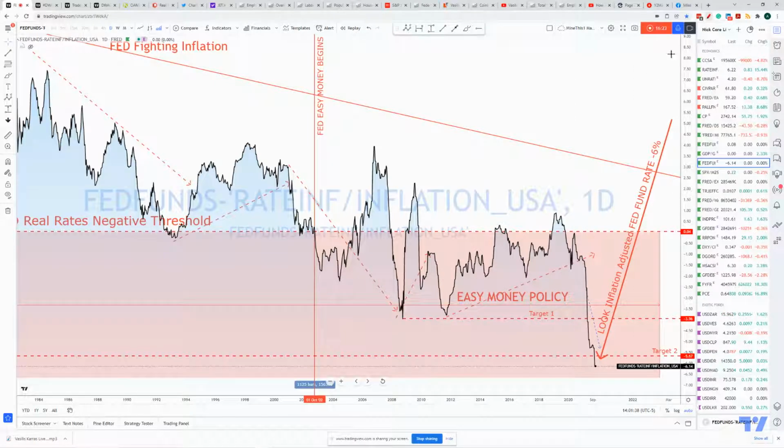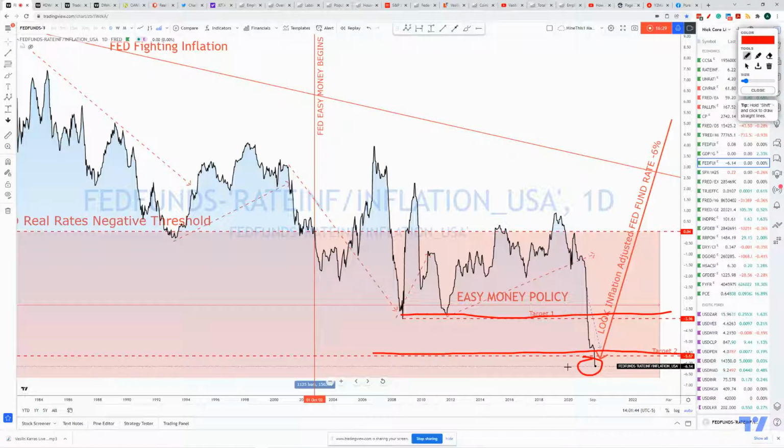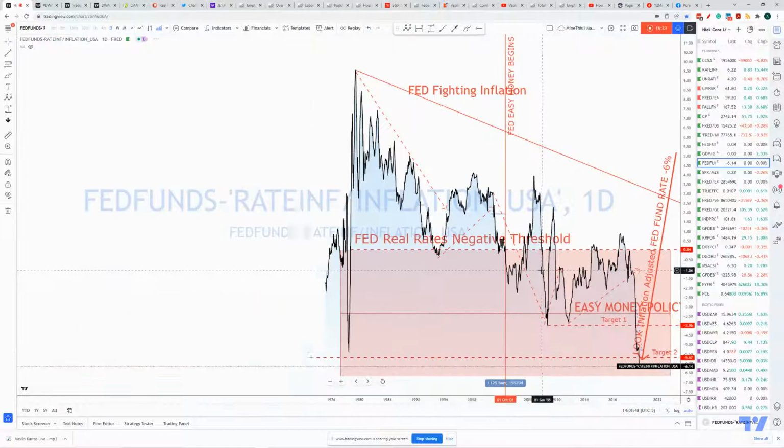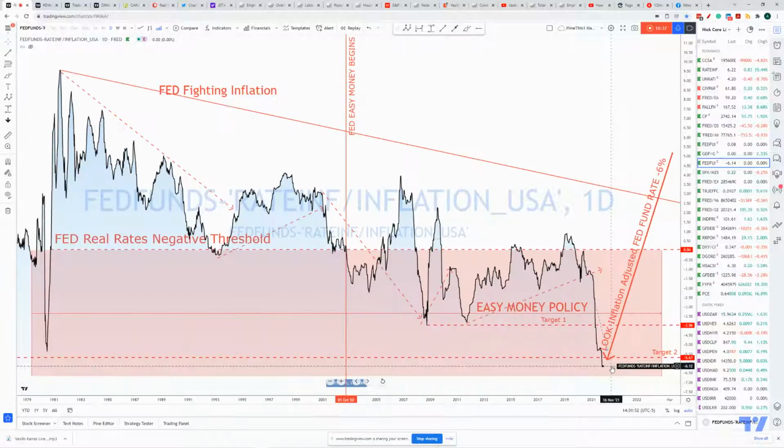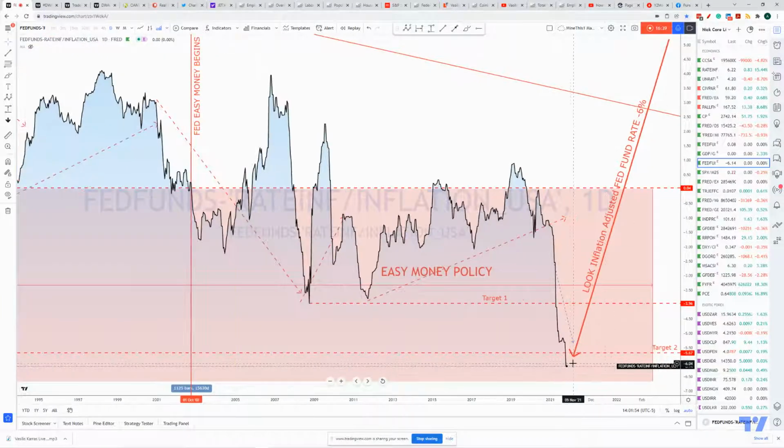And I said, look, the first target is going to be down here, and my second target is down here. And now we've far surpassed that. Historic levels. I don't even have a target 3. But again, nobody's going to tell you that, hey, Fed's fund rate inflation adjusted is negative 6.14. These are dangerous levels that we're at. These are very dangerous.